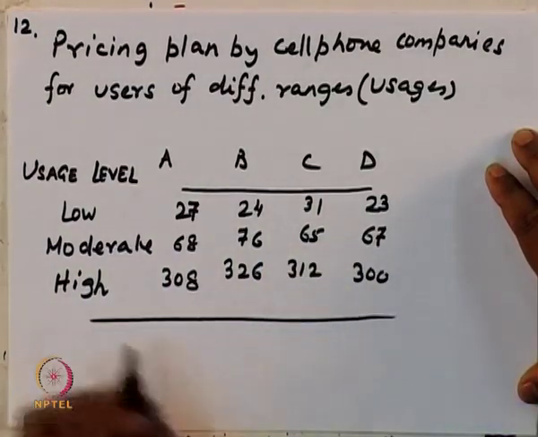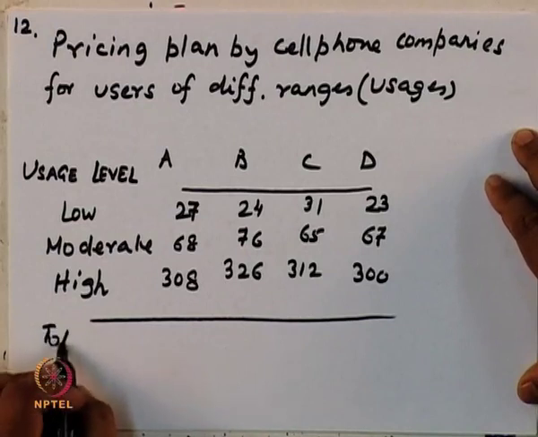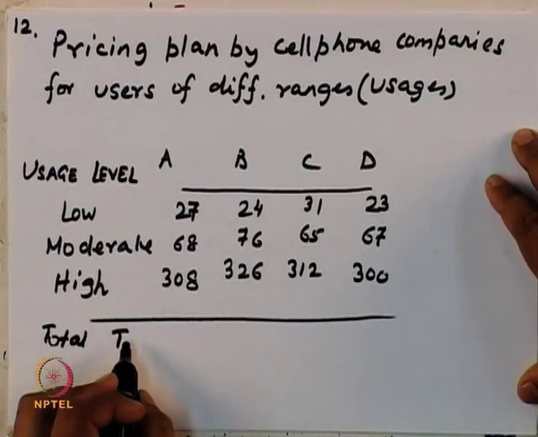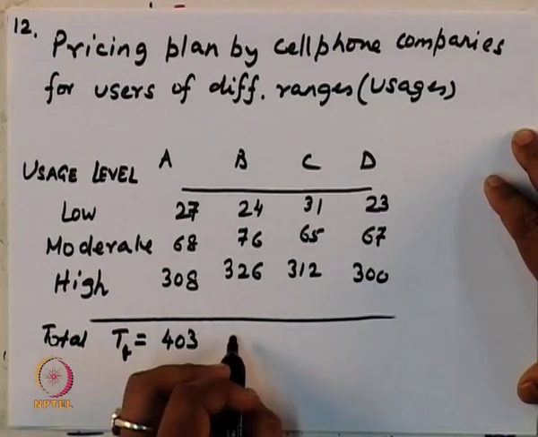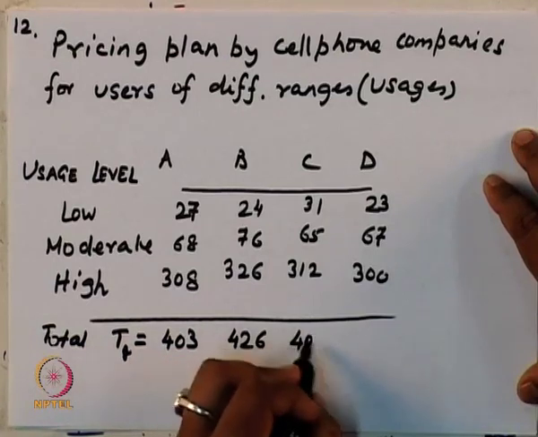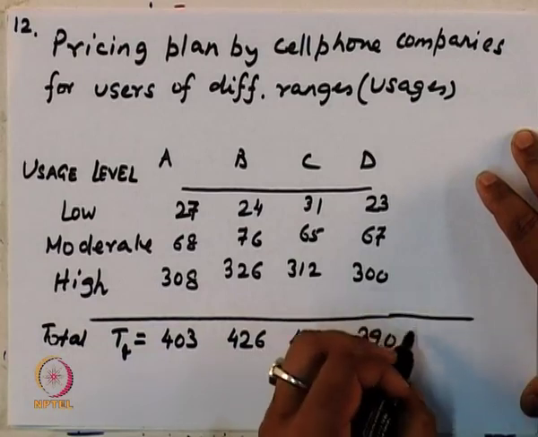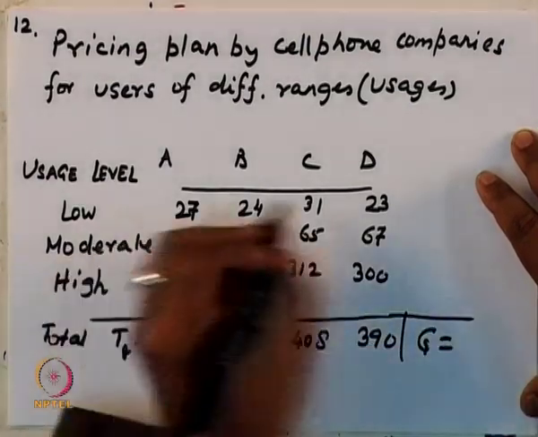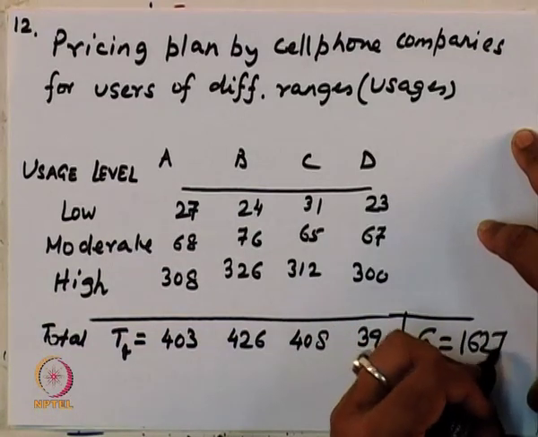Okay. So, as before, you can calculate the totals. So, you can calculate T1 as 403, T2 as 426, T3 as 408, T4 as 390. And your G is the sum total of all these values, which comes out to be 1627.